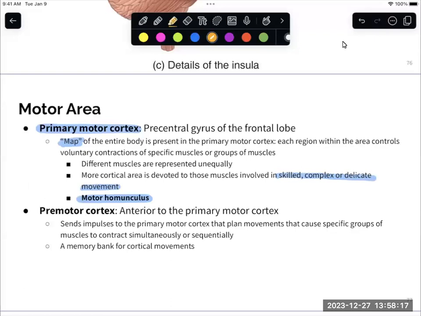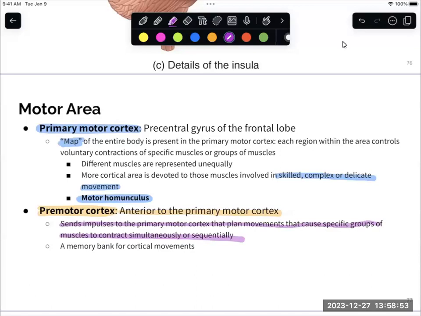We have our premotor cortex, which is in front of that primary motor cortex. So impulses are sent to the primary motor cortex for planned movements. So when it goes from the premotor cortex to that primary motor cortex, it allows specific groups of muscles to contract, either simultaneously or in a sequence, to allow you to walk, to allow you to sit down, to allow you to stand up, to allow you to pick something up.